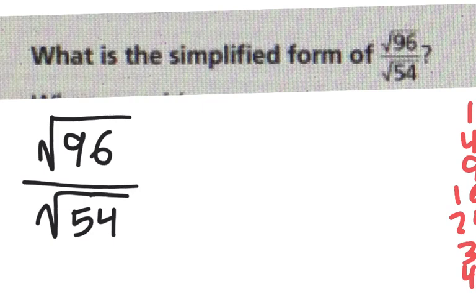So like 96, can I write that as 49 times a number? No. What about 36 times a number? No. 25 times a number? No. 16 times a number? Yes. 96 is 16 times 6.